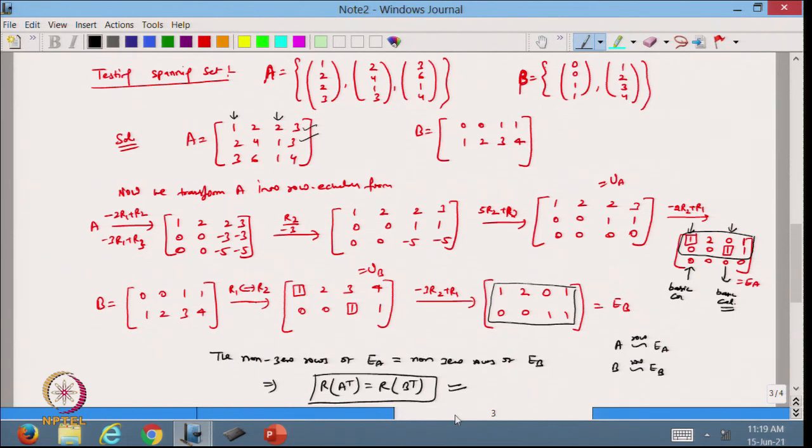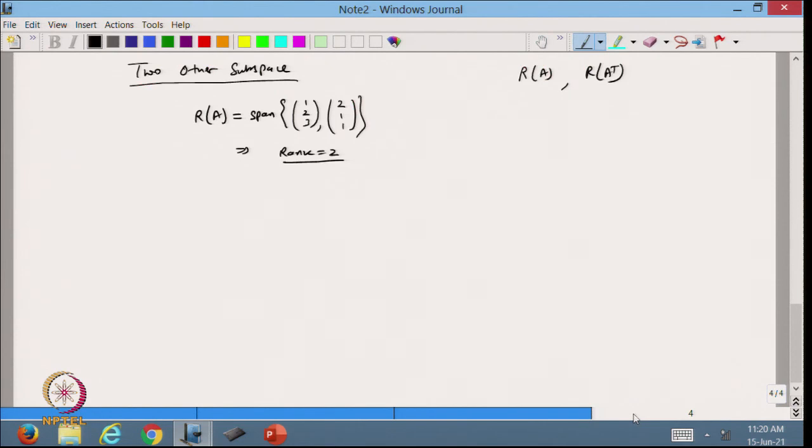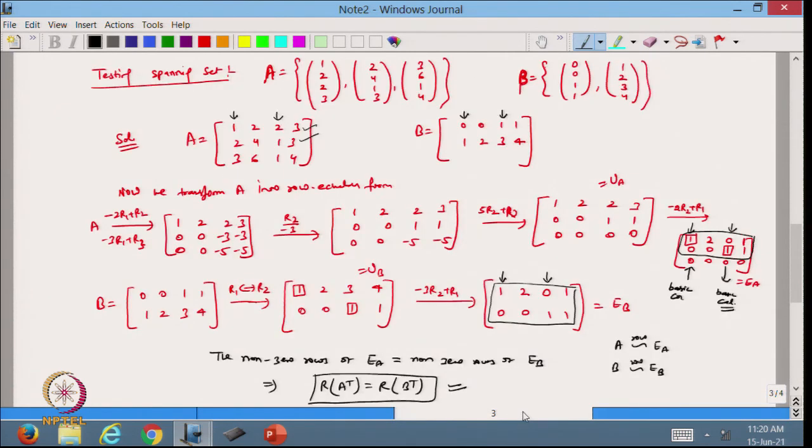The same thing holds for B. In B, this is my first and third column, so they are the basic columns. So, I can say that the range space of B is the span of 0, 1 and 1, 3.